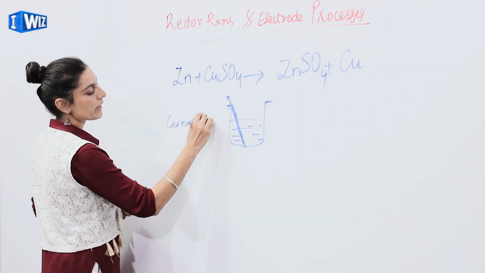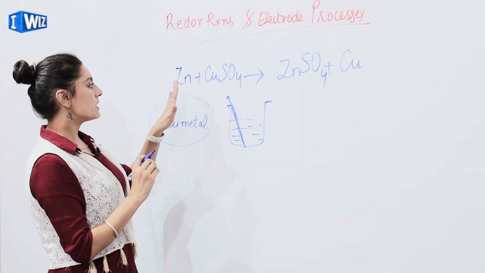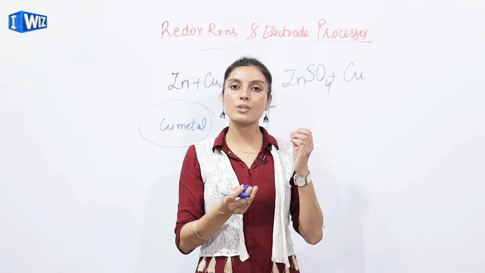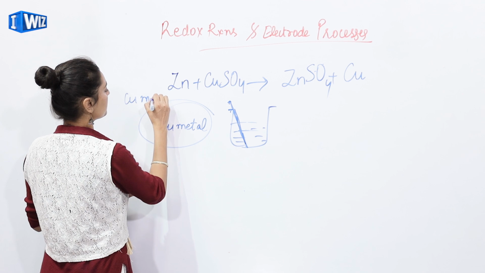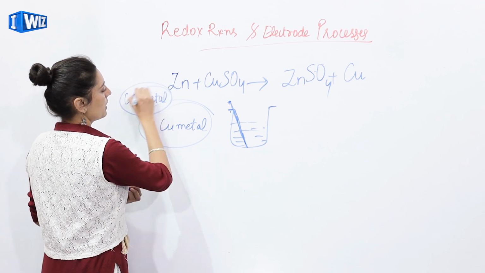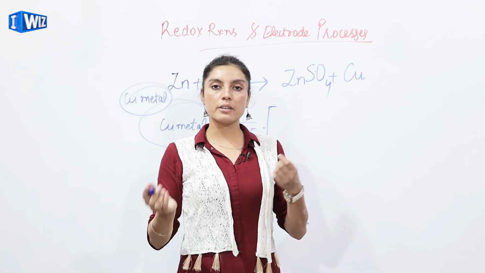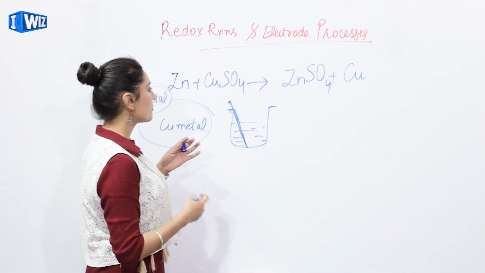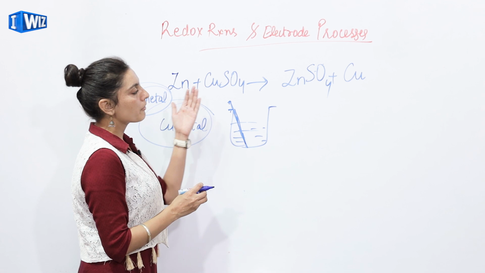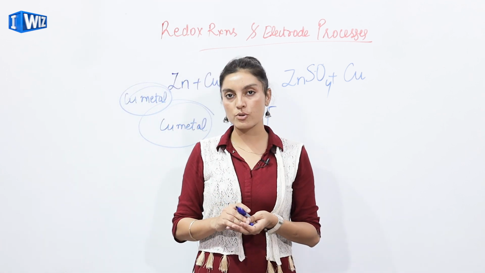So in this reaction, zinc was oxidized to zinc ions and copper was reduced to copper metal. This was a reaction where the formation of the metal or the formation of the ion took place in the solution form.